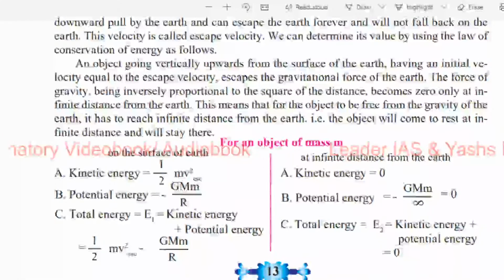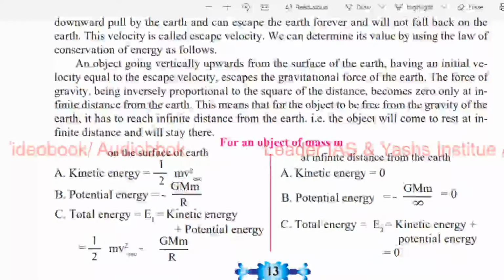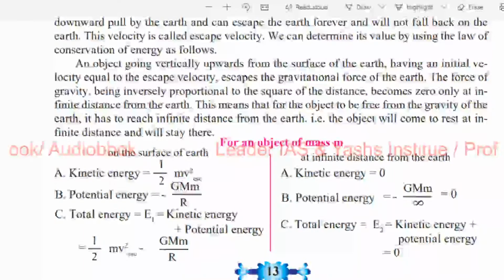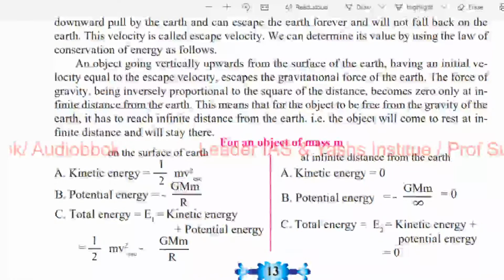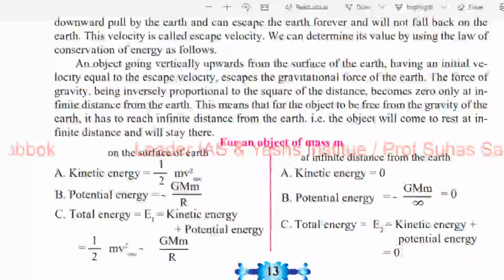The potential energy on the surface of the earth is minus capital G capital M small m upon capital R, while potential energy at an infinite distance from the earth is equal to minus G capital M m upon infinity, which is 0.